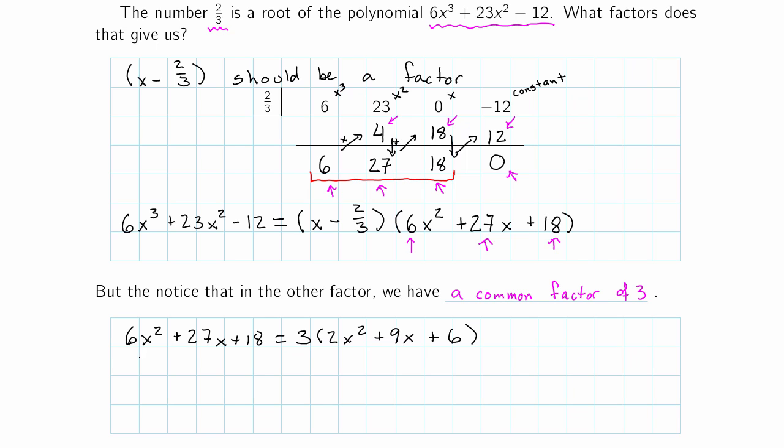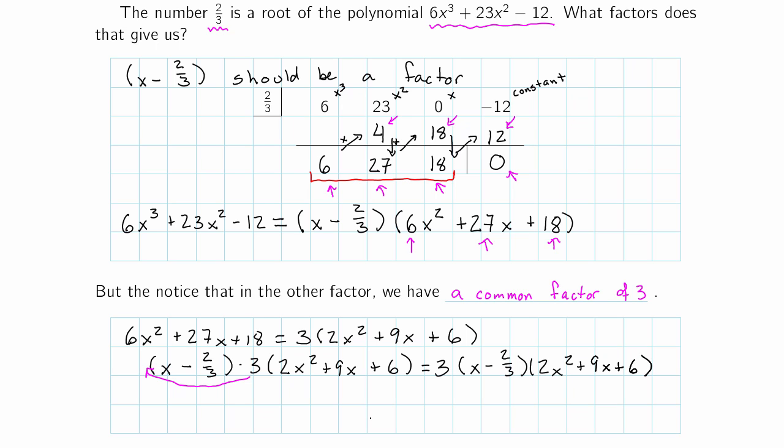But then our original polynomial factors as x minus 2/3 times 3 times 2x squared plus 9x plus 6. We can reorder this so that the 3 is here instead. What good does that do us? Well, if we take the 3 times x minus 2/3 and distribute it, we get 3x minus 2.